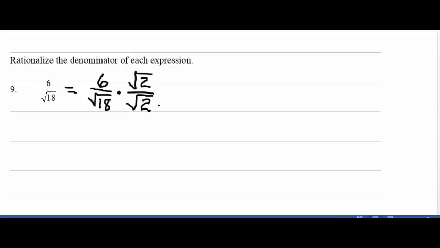So I'm multiplying by 1, which doesn't change the value. 1 times any number is that number. Square root of 2 over square root of 2 is 1. But I am going to change the way it looks. I'm not going to change its value. So in the numerator, when I do the product, I have 6 square root of 2. In the denominator, I have the square root of 36.